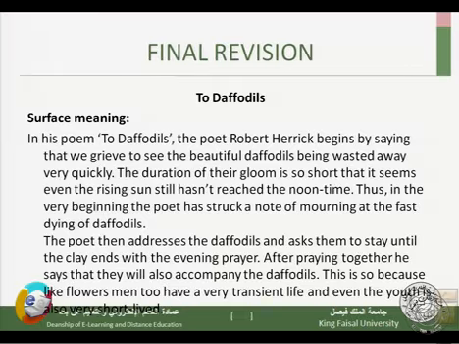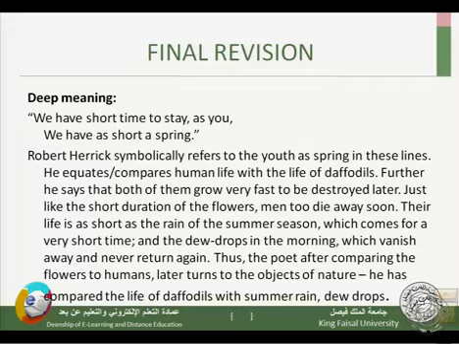The duration of their bloom is so short that it seems even the rising sun still hasn't reached the noon time. Thus, in the very beginning, the poet has struck a note of mourning at the fast dying of daffodils. And this is what we call the surface meaning. If we move to the other meaning, which is the deep meaning, it is that we have a short time to stay, as we have a short spring.